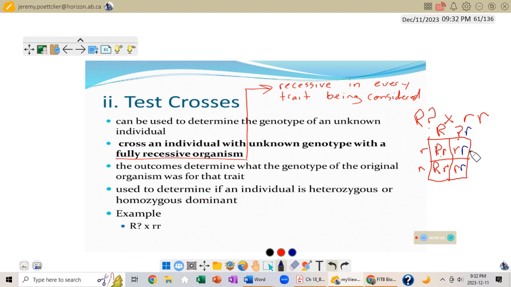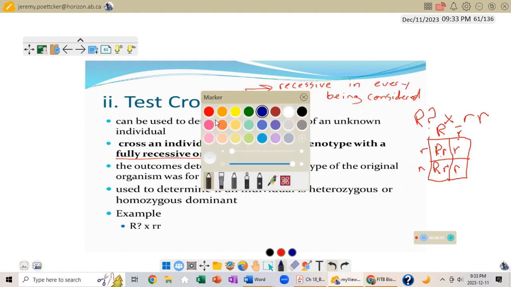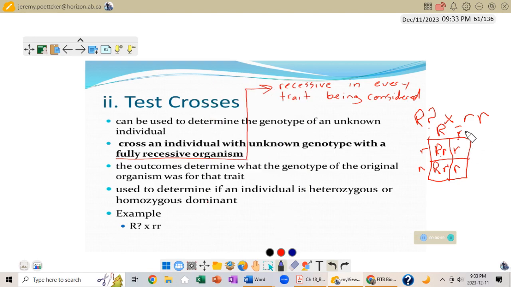However, if this male fish has a big R here, what this is going to mean is our male fish is big R, big R, and all of the offspring will show the red trait.